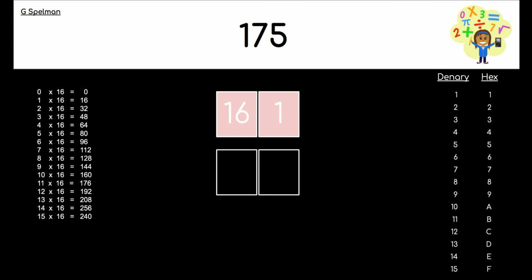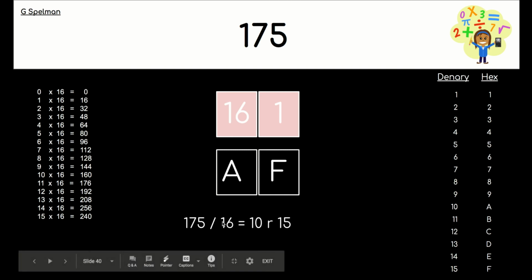And that would be 160. And then there is another 15 to get to 175. So 175 divided by 16 is 10, remainder 15. So in order to have a 10, we use an A, so we put an A in there. And for a 15, we use an F, so we put an F in there.